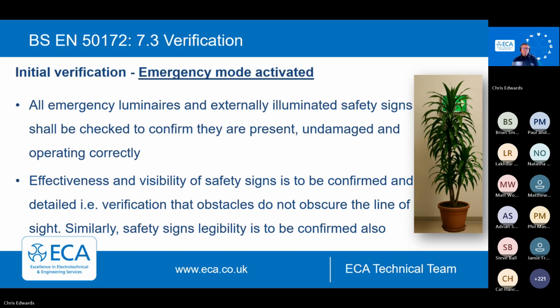Now, I'm sure this sort of element isn't a great surprise. It's sort of obvious to electricians, isn't it, that we need to do that. We need to test it to prove that it meets the requirements of the standard. That's what we've been doing for years. Of course, the really important thing here with the verification is that it meets the photometric requirements of the standards. Now, we are going to cover that in a sec.